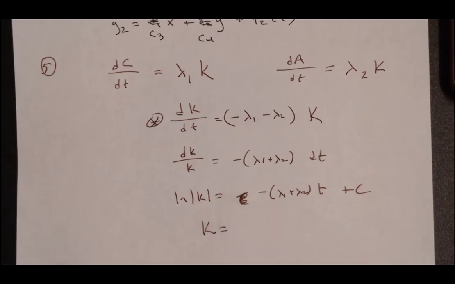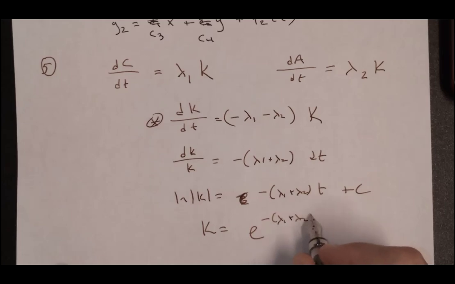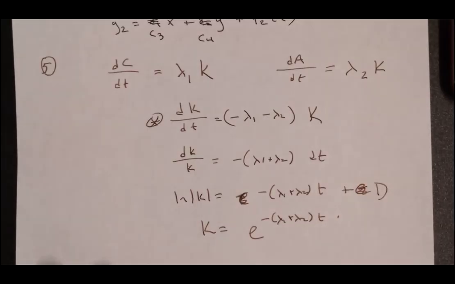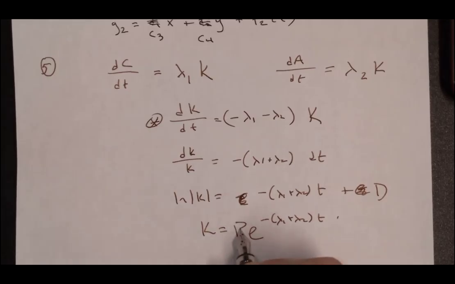I get K equals e to the negative lambda 1 plus lambda 2, notice I factored out the other minus sign, T, there should be a plus C here, right? Wait a minute, I've already used C. C is something else. We'll call this plus D. I have C, I have A. If that's being added in the exponent, it's the same as multiplying out front. So I'm going to put a B here.